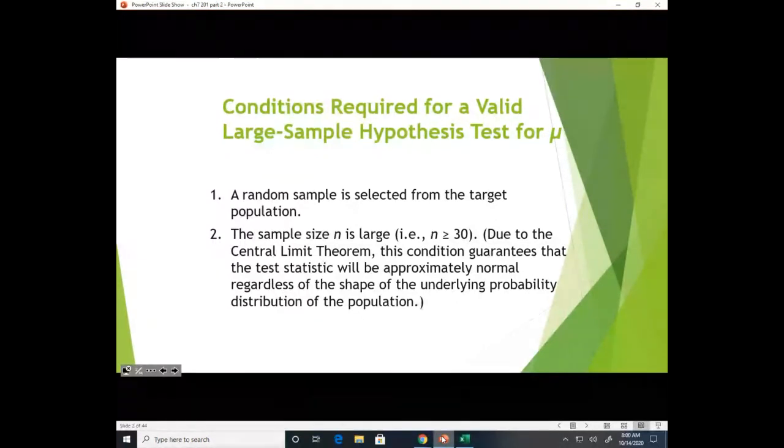This condition guarantees that the test statistic is approximately normal, due to the central limit theorem and how distributions converge to the normal distribution. So those are the two main assumptions or requirements to run a hypothesis test.